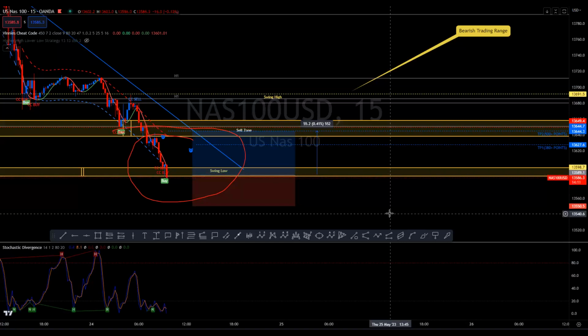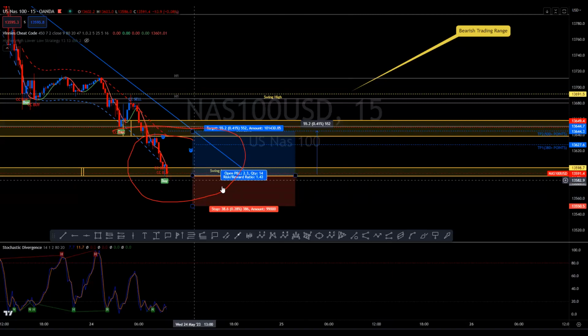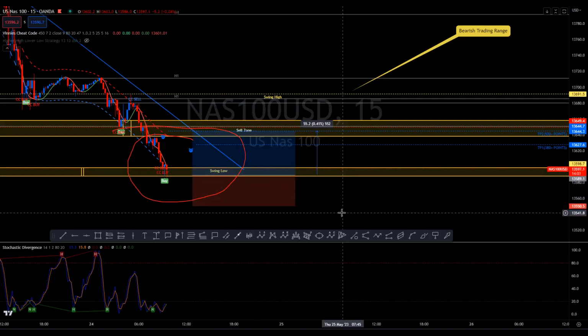It's really sticking out of that Bollinger Band. All those stop losses and those buy limits, all that, so you get that liquidity. Sitting on my hands and waiting.